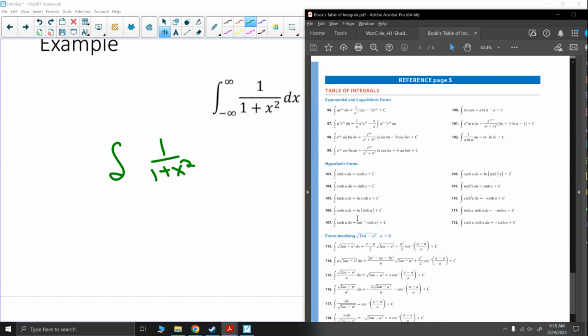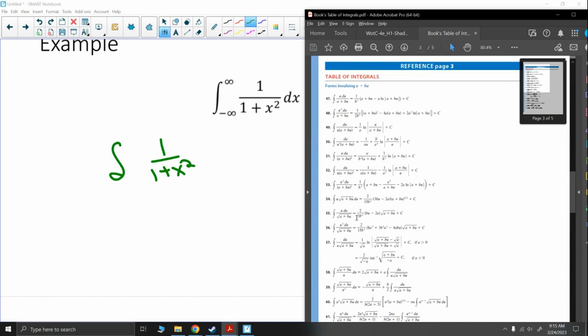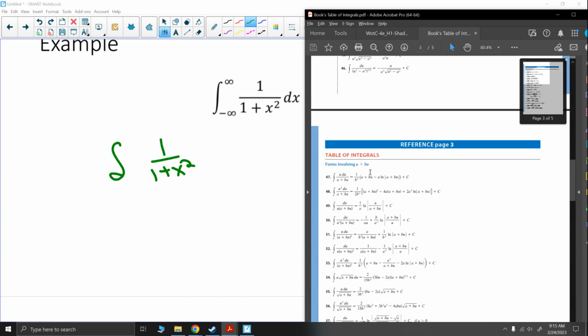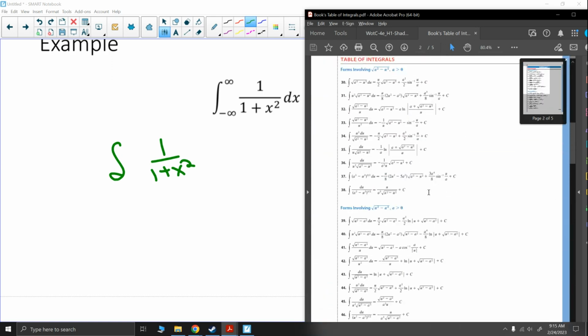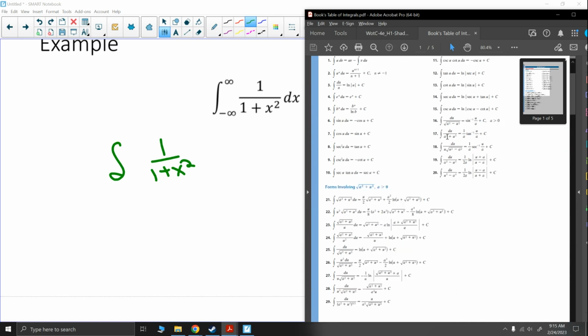Let's see. Surely I could find one on it. I feel like this is definitely something that we have. Oh, right there. Tan inverse. I don't know why I was looking elsewhere. I think I was looking at the negative and thought tan inverse. Anyway, whatever. Tangent inverse.